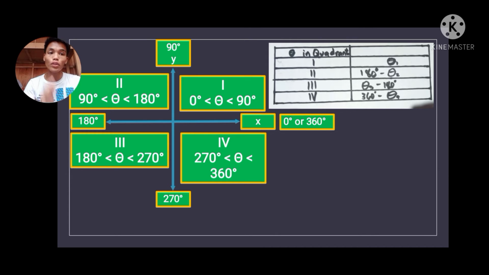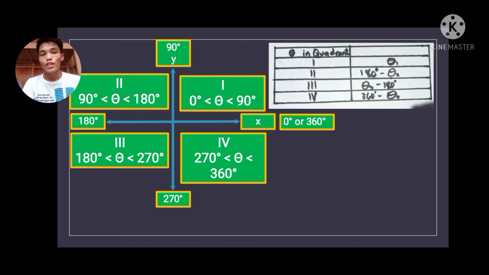In quadrant 2, to find the reference angle, we use 180 degrees minus the angle in quadrant 2. In quadrant 3, we use the angle in quadrant 3 minus 180 degrees. And in quadrant 4, we use 360 degrees minus the angle in quadrant 4.